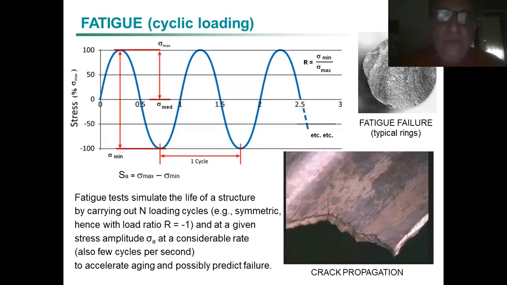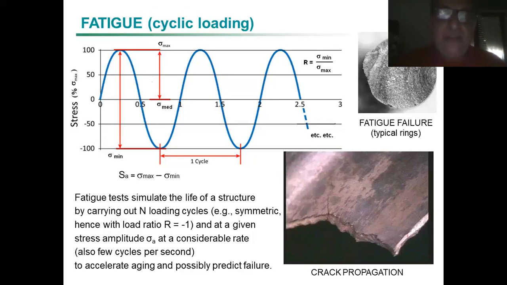I would like to point out that the idea of fatigue loading is to try to predict the life of a component. Therefore, we don't do a few cycles. We do a considerable number of cycles.